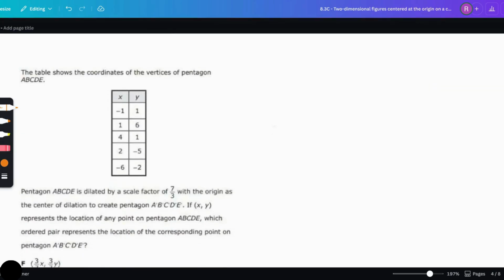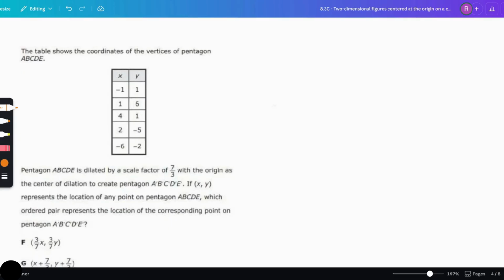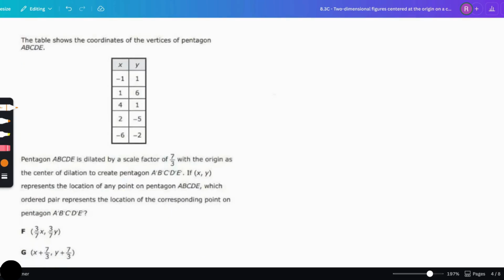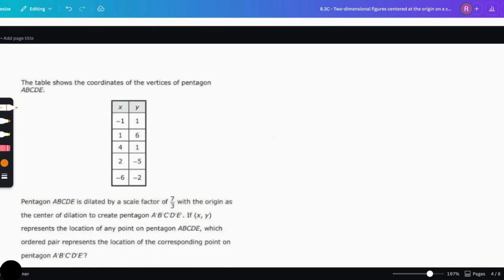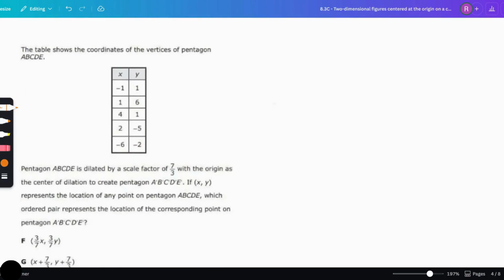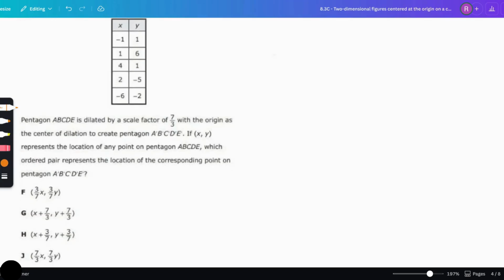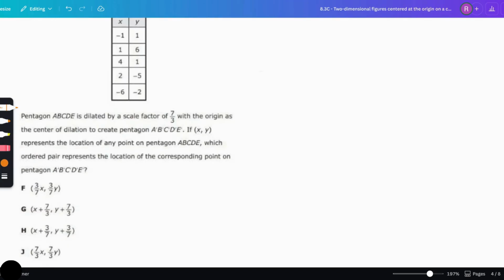Excuse me. The table shows the coordinates of the vertices of pentagon ABCDE. Pentagon ABCDE is dilated by a scale factor of 7/3. That means we are multiplying by 7/3. So you answer this question now.